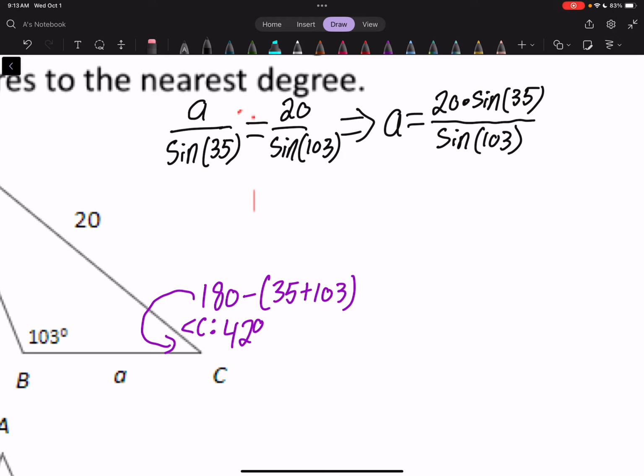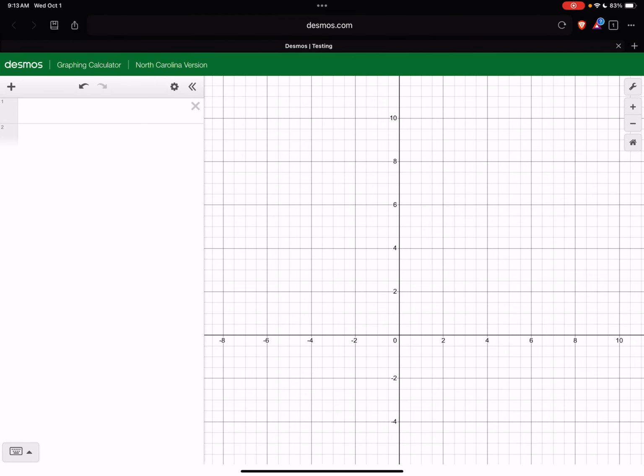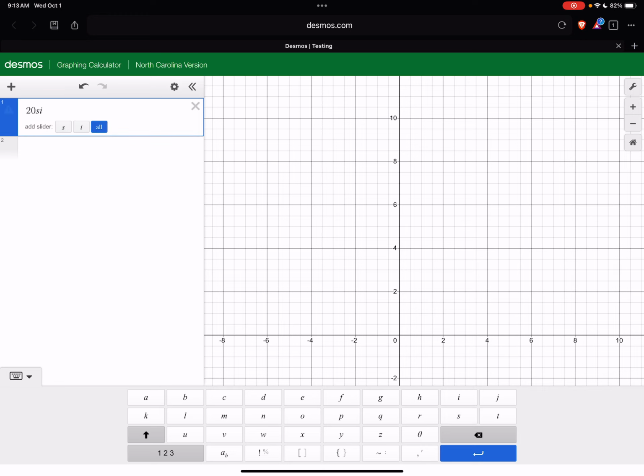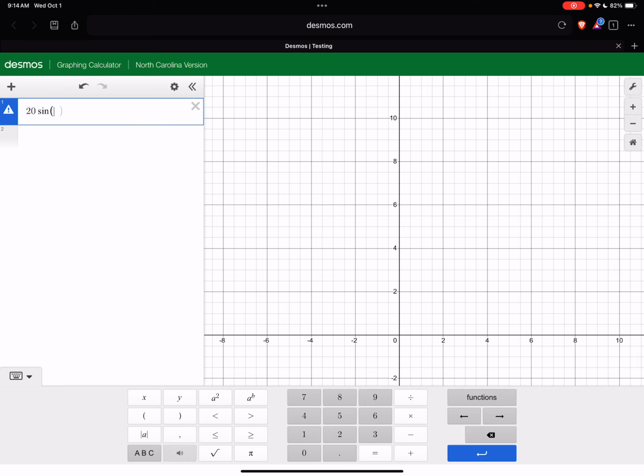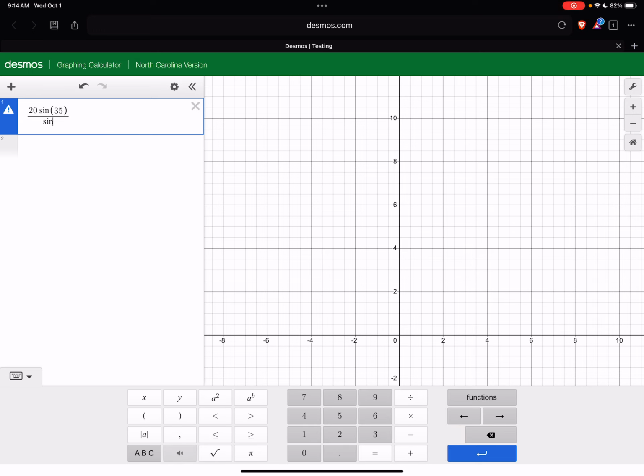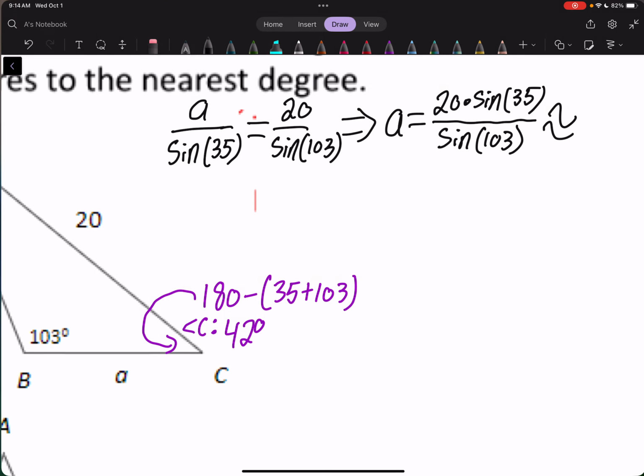Okay, from here, I'm going to type this in Desmos. Again, make sure you're in degree mode. 20 sine 35 degrees divided by sine 103 degrees. 11.77.